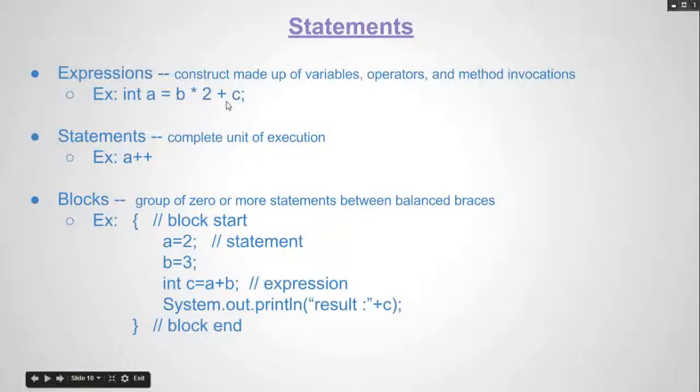It will execute the addition and the result will be assigned to the variable A. A statement is a complete unit of execution, like A++ or calling a function. It's a single and complete unit of execution. So an expression can have multiple operations, but a statement has a single operation.